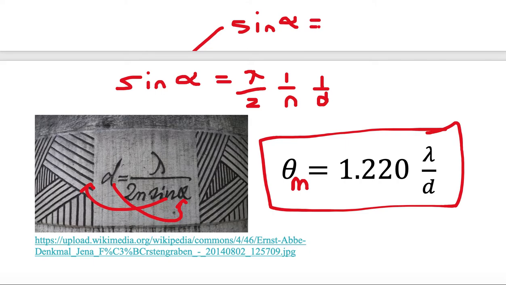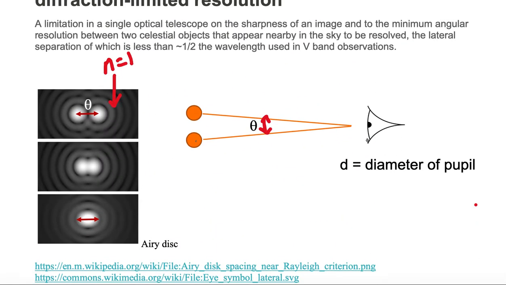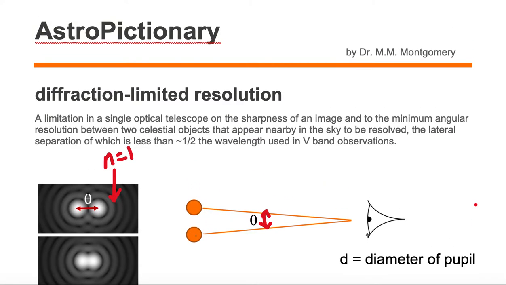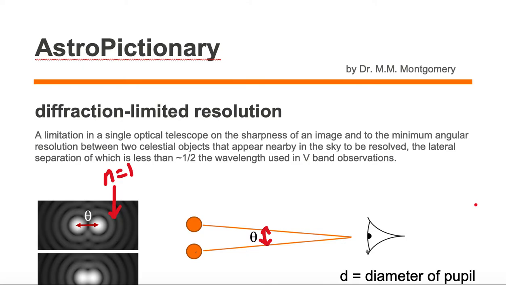So you can see we dropped the sine and the theta equation, and all we have is our angle theta, which is going to be our minimum angle, equal to 1.220 wavelength divided by diameter of your telescope or your eye. And that will give you your diffraction limited resolution of the sharpness of the image of looking at one object or looking at a couple different objects.